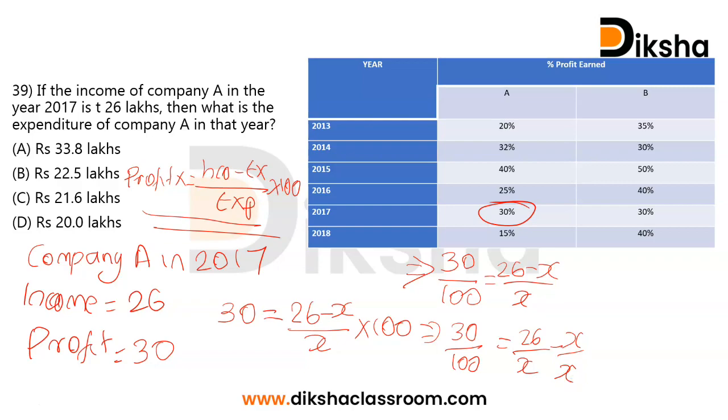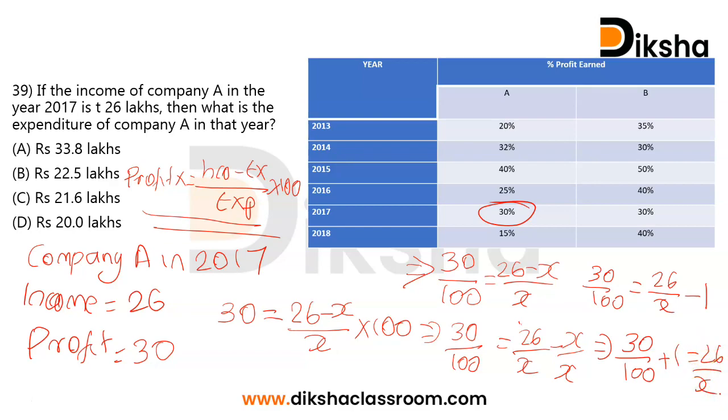So we can write it as 30 by 100 equals 26 by x minus 1, and the 1 coming to this side becomes positive: 30 by 100 plus 1 equals 26 by x.